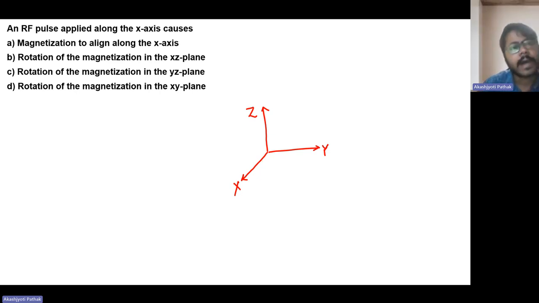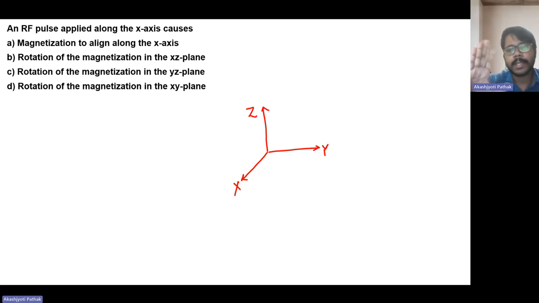As per the question, the RF pulse has been applied along the x-axis, right? As per the diagram that I have drawn here, the x direction is coming out from the plane of my screen and facing towards me. So this is my x-axis.